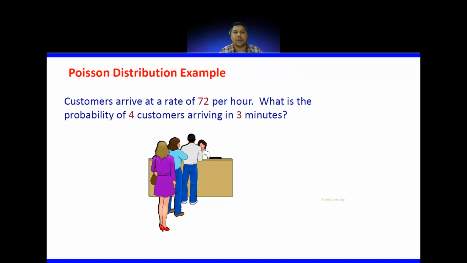So see this example. Customers arrive at a rate of 72 per hour. So per hour, 72 customers are coming. What is the probability of 4 customers arriving in the first 3 minutes? So it's linked with time. They are talking about hours and minutes. The mean is given as 72.